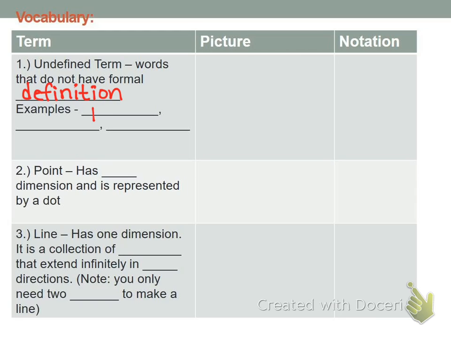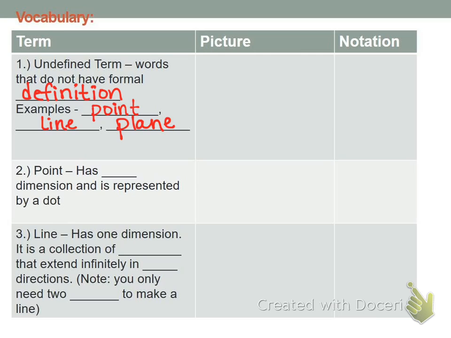Point, line, and plane are all undefined terms. Okay, again, we don't have a picture or notation for that, but for point and line we will.